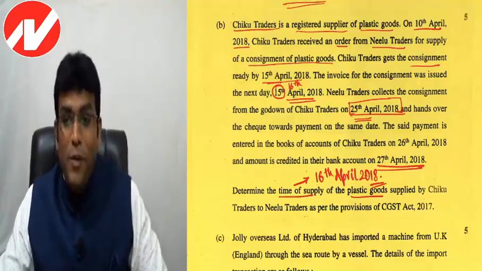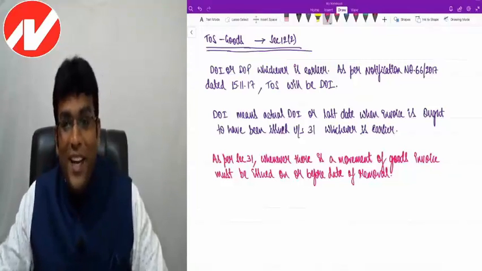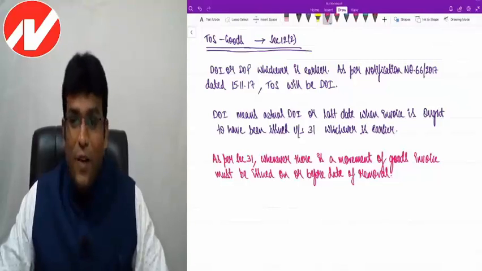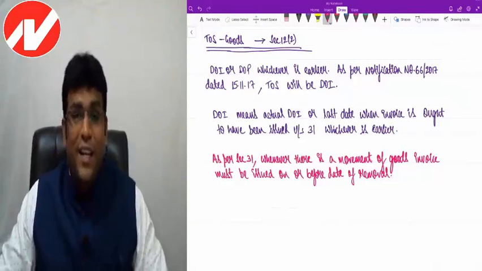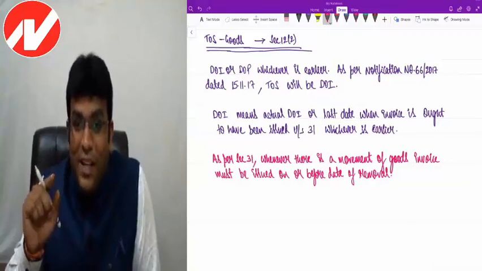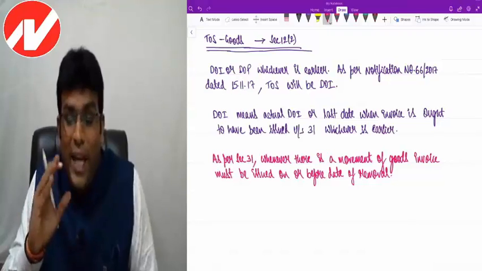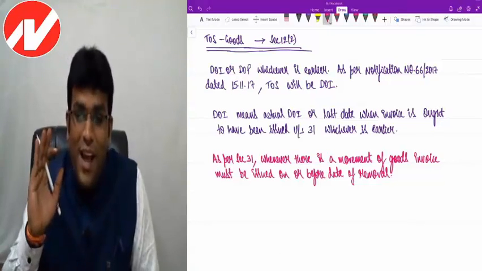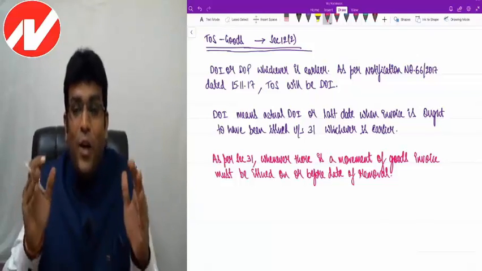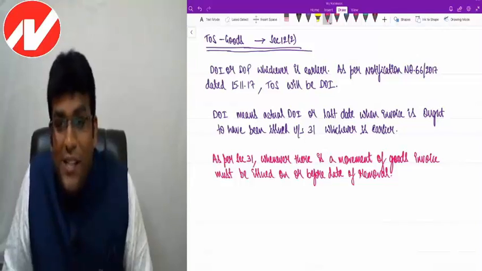But if you want full marks, please make sure that you write all these points very clearly, stating that once upon a time, time of supply was date of invoice, date of payment, whichever is earlier. However, as per notification number 66/2017, dated 15 November 2017, time of supply will be directly date of invoice. And date of invoice means actual date of invoice or last date when invoice is ought to have been issued under section 31, whichever is earlier.